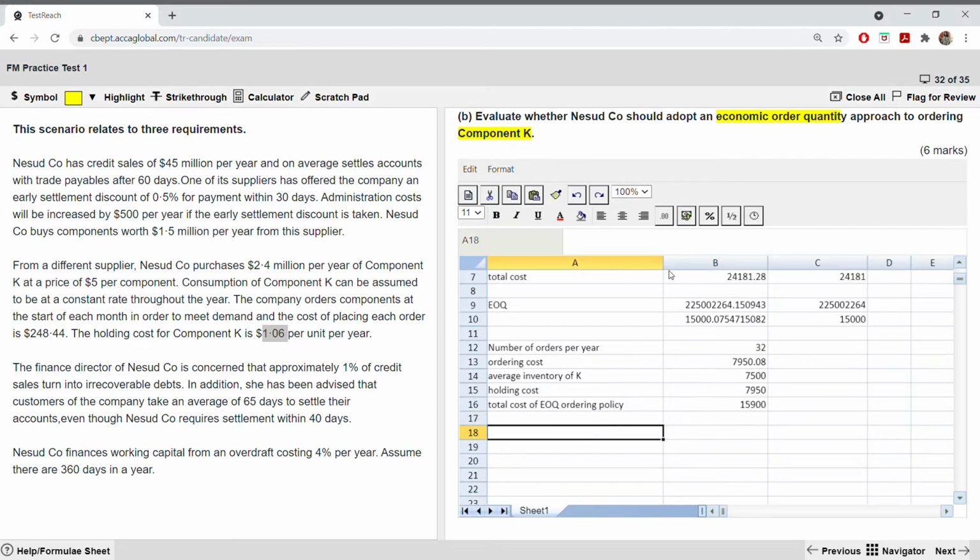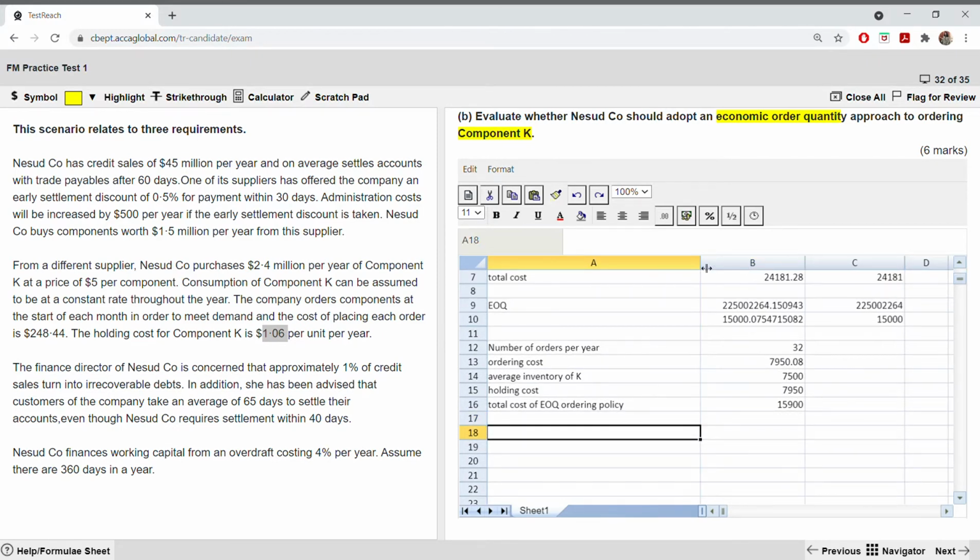So now you have to write this, because they will evaluate whether they should adopt this or not. So on financial grounds, it's important that you write this.